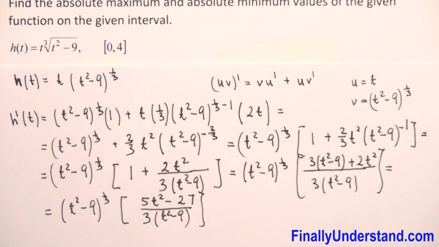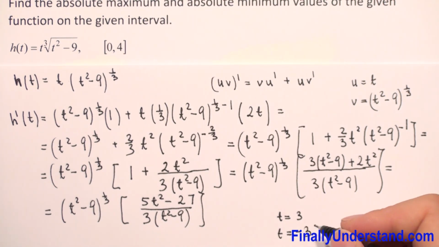When I'm looking for critical numbers, I have to check the domain of our function h prime. Because we have a fraction here, we know that we cannot have 0 in the denominator. This denominator will be 0 for t equals 3 and t equals negative 3.